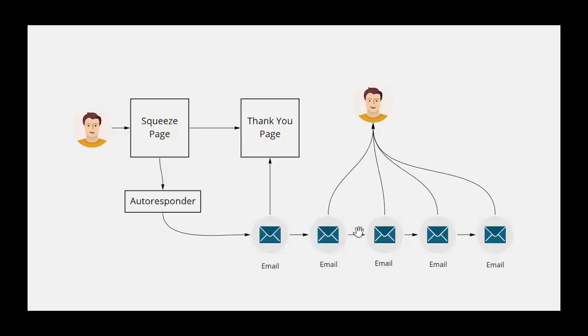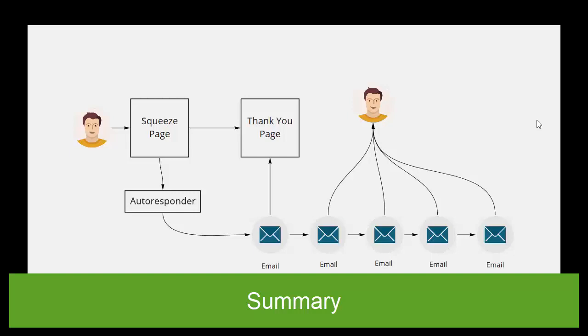But if you provide value in these emails, they'll stay on your list, they'll click more links in your emails, and they'll potentially make you money for many years to come as they continue to buy products. So that is the best way to use your email and your autoresponder sequence to make money from the people who are signing up onto your list.